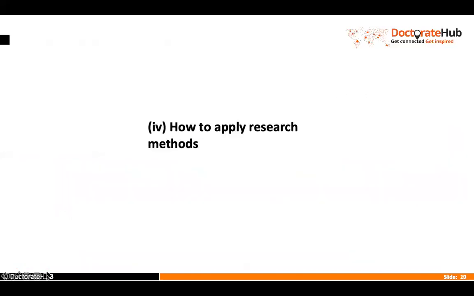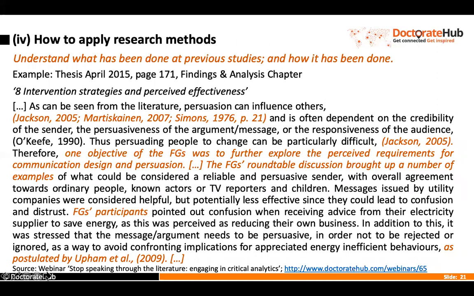Okay. Moving into the next topic, how to apply research methods. Now, if we look at this example, we see an extract from a thesis that provides, within the data findings and analysis chapter, some discourse and discussion.